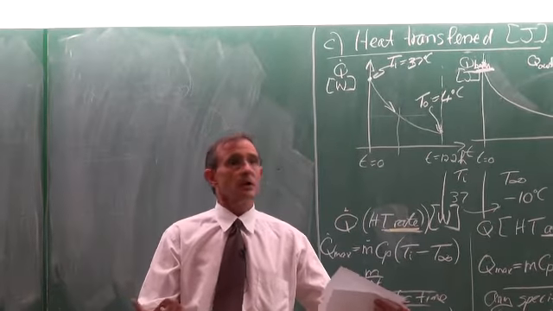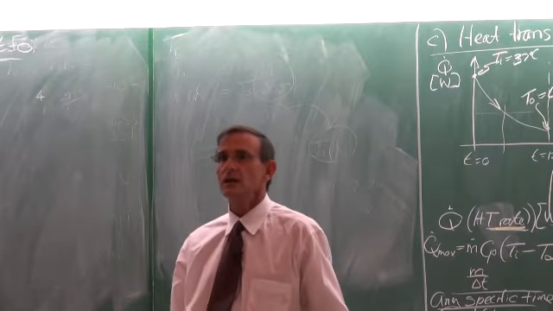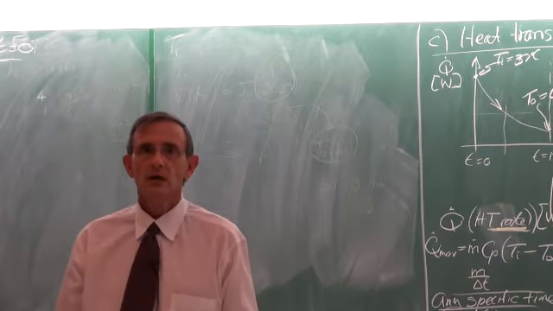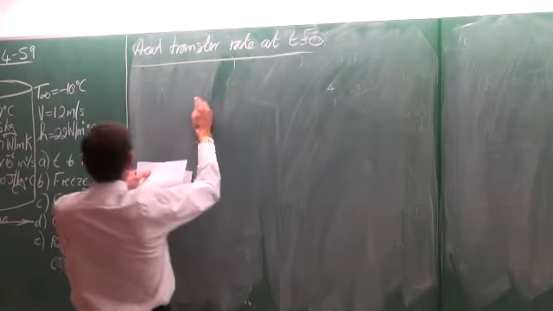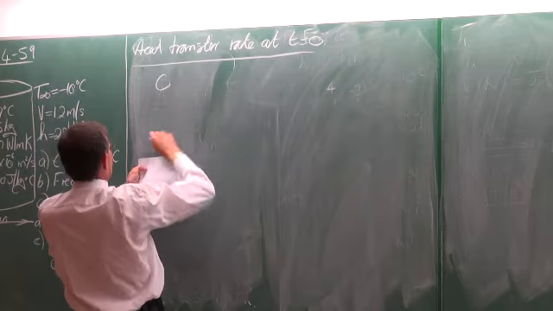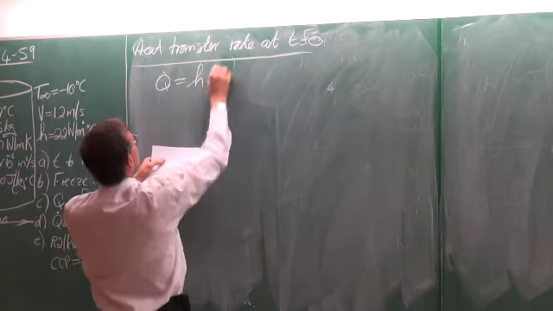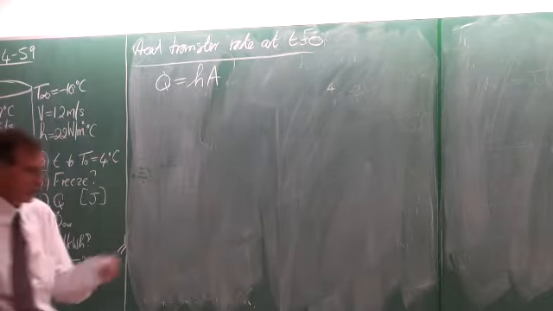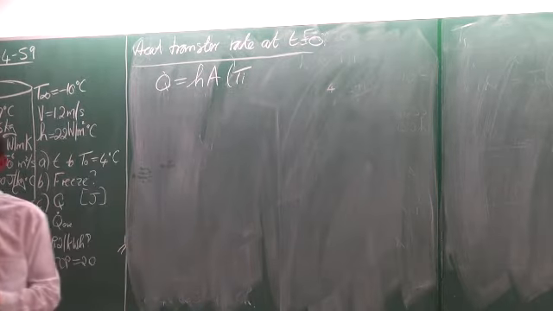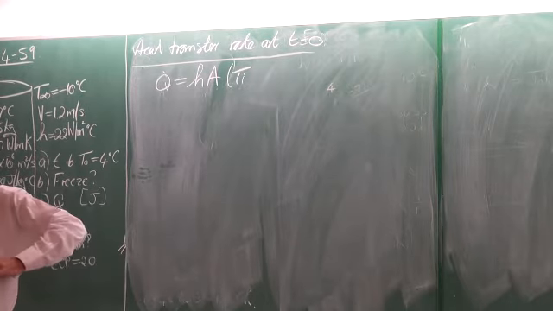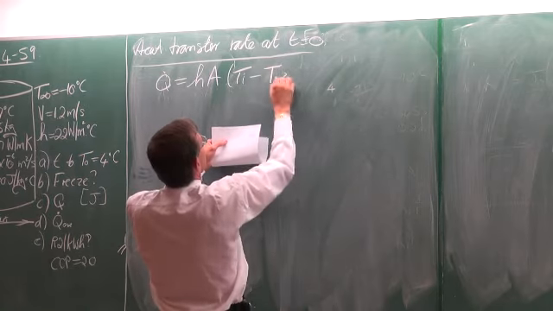But sometimes we forget there's an easier way of calculating it, and that is just by using the convection heat transfer equation. Okay. We can say at T equals 0, the heat transfer rate would be equal to the heat transfer coefficient multiplied by the area multiplied by the initial temperature of the body on the surface, which is 37, minus T infinite.